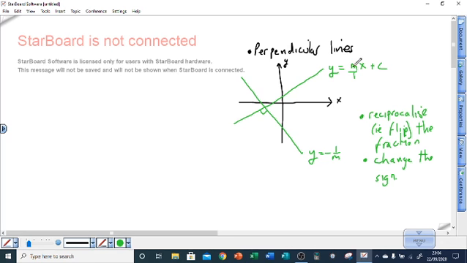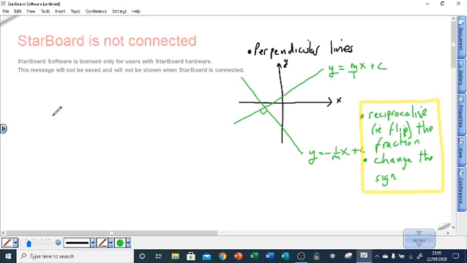The signs must be different between these two. So you flip this, reciprocalize it to give you this. So the gradient of the perpendicular is basically flip it and change sign. That's all you've got to remember. Okay, so that is the technique for finding a perpendicular gradient.